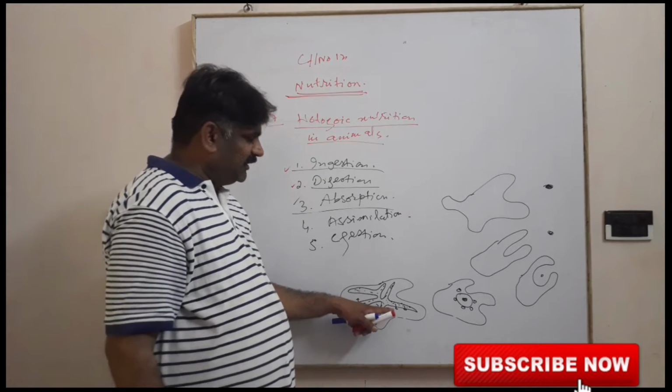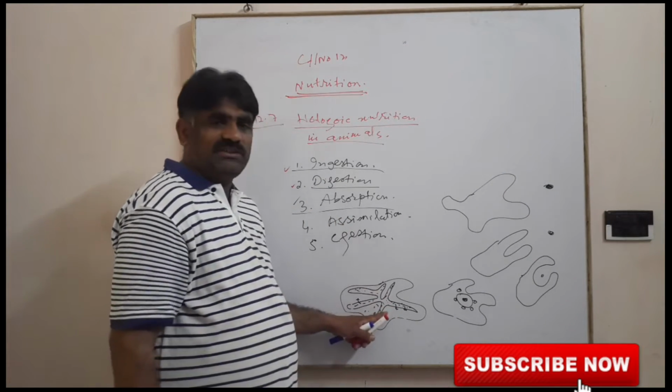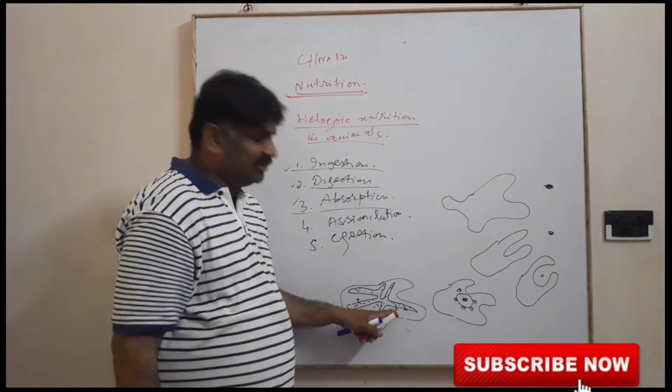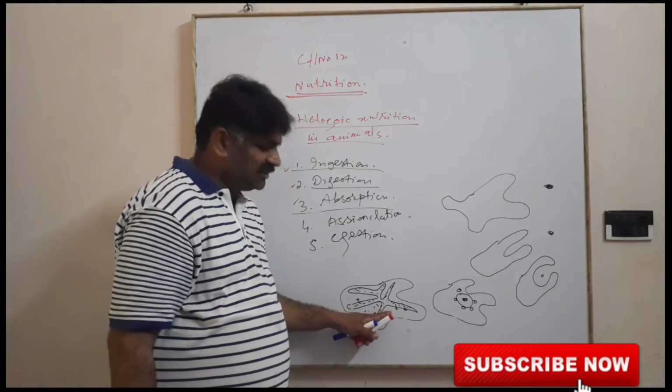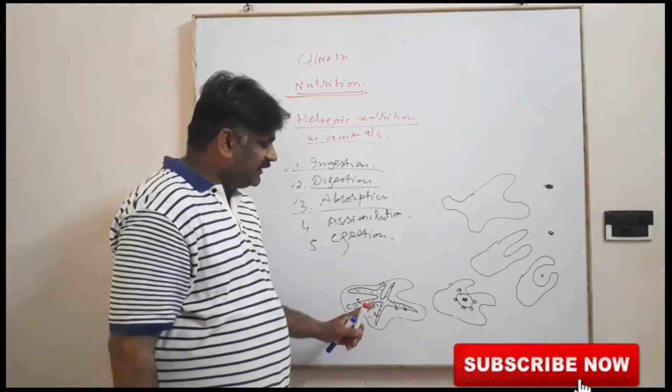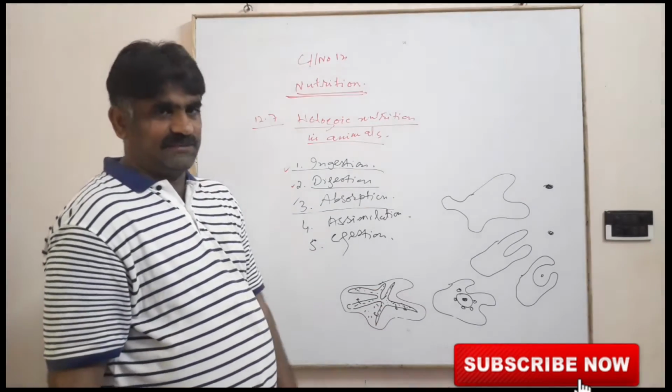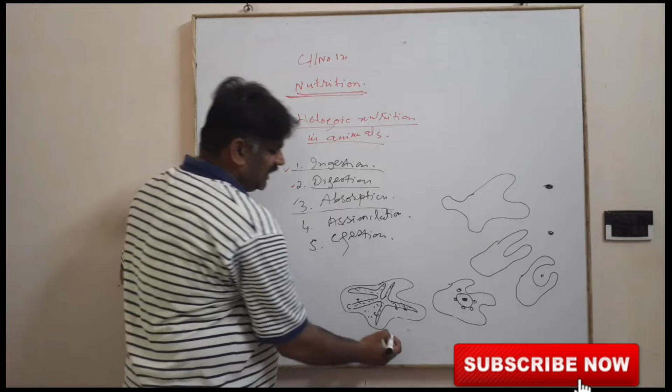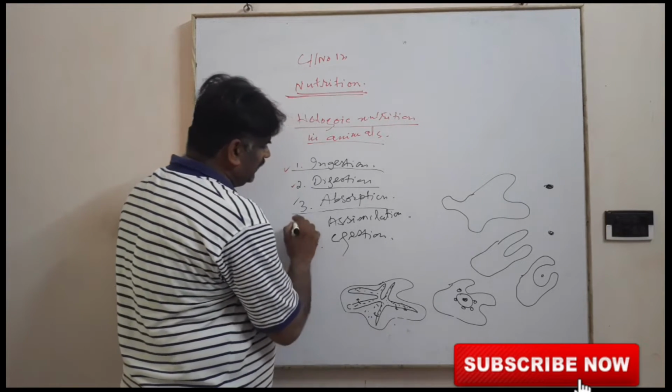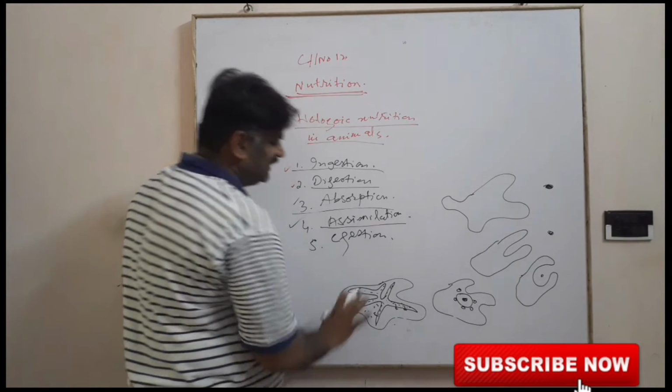Now this absorbed organic food, which is soluble, is used for building up the protoplasm of amoeba or for energy. This is called assimilation. Assimilation means utilization.